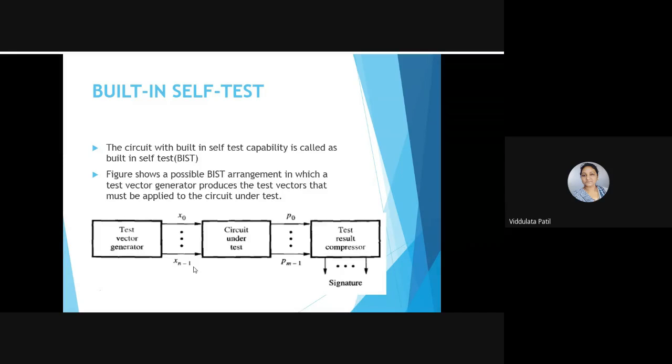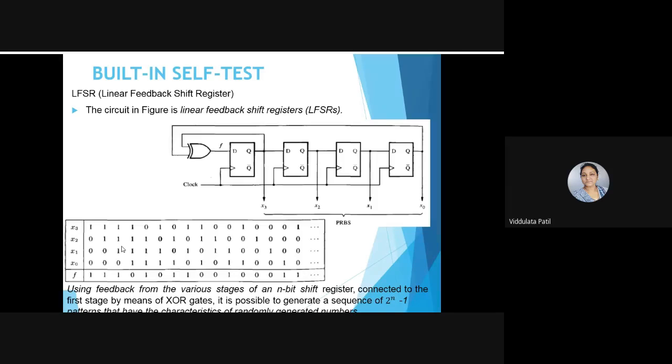Okay. But here in a built-in self-test, we have this inbuilt test vector generator. That means this vector generator itself generates these bit vectors, these test vectors. Okay, so there is this circuitry which has the linear feedback shift register, which is the circuit which generates the test vectors.